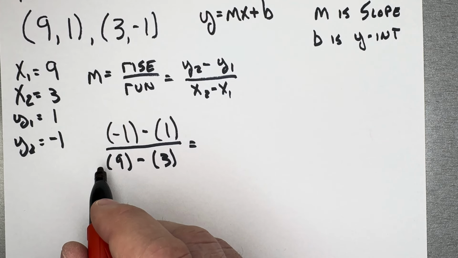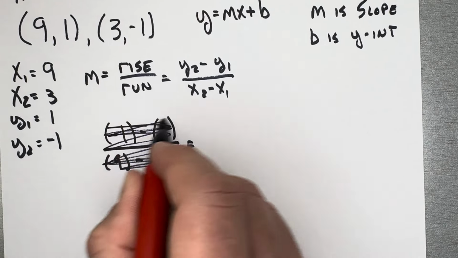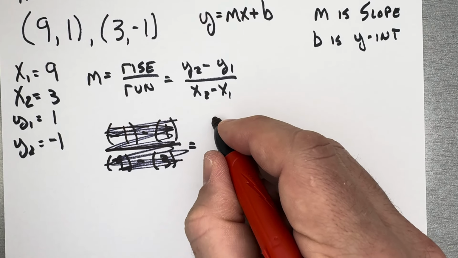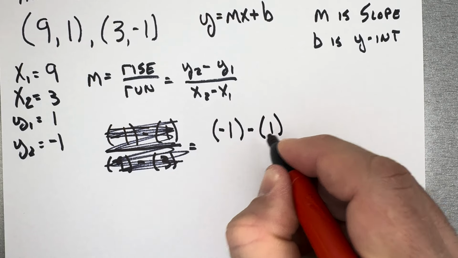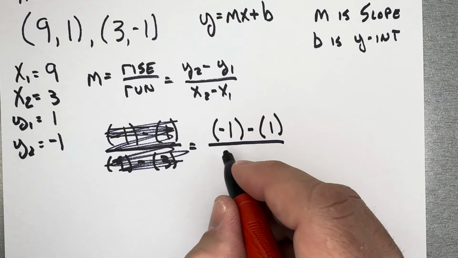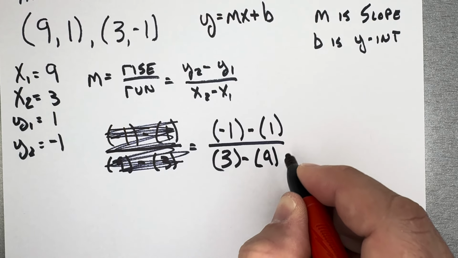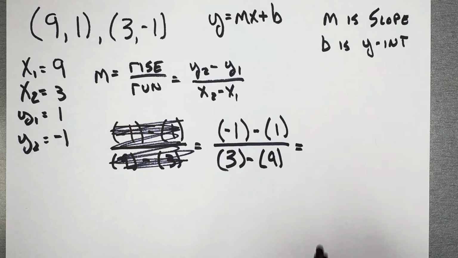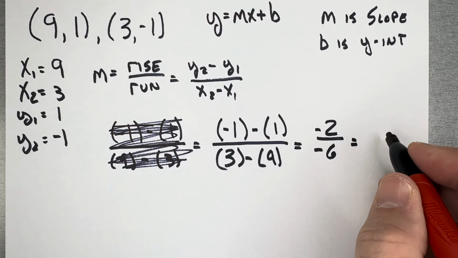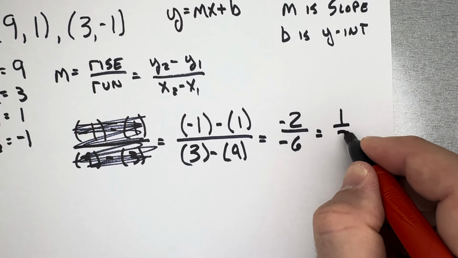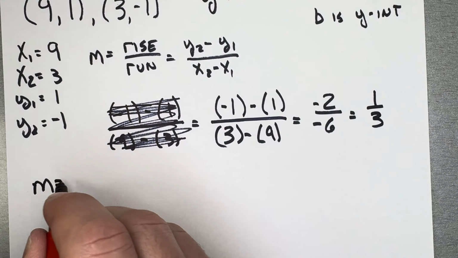So, let me just block this out. It is actually going to be -1 minus 1 over x2, which is 3, minus 9. And that is equal to -2 over -6, which simplifies down to 1/3. So my slope, m, is equal to 1/3.